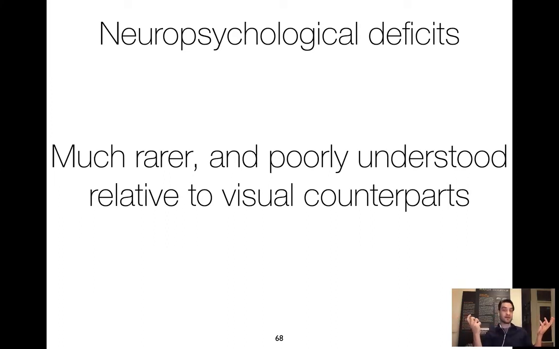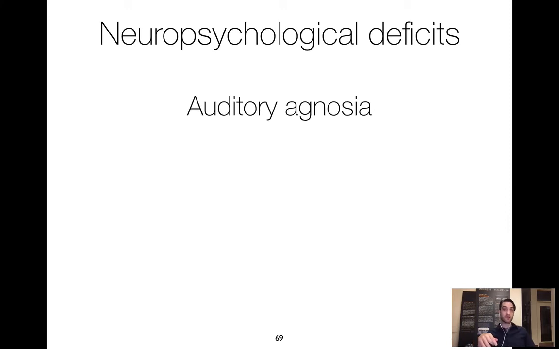Now, there are cases where if you damage the pitch regions or the speech regions, you'll obviously get deficits. But there are some other ones that are pretty poorly understood. For example, there is a form of agnosia called auditory agnosia. In this case, if you're listening to a stream of water going by versus a person sneezing versus a car engine, you really struggle to differentiate between what they are. When you hear basic everyday sounds, you have a hard time telling them apart.